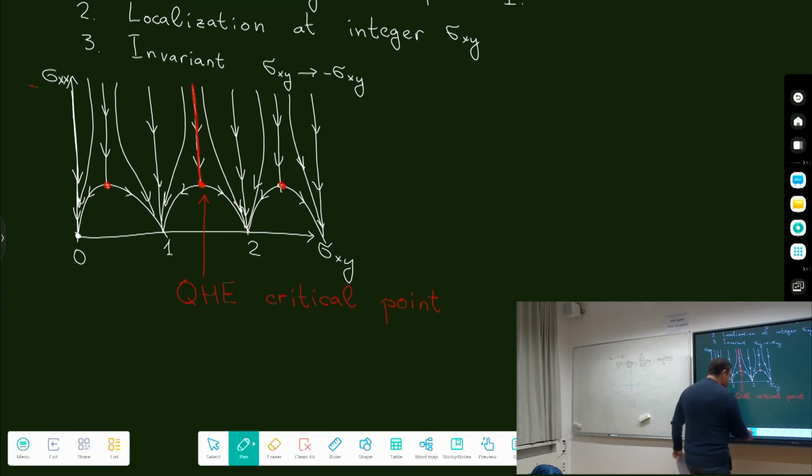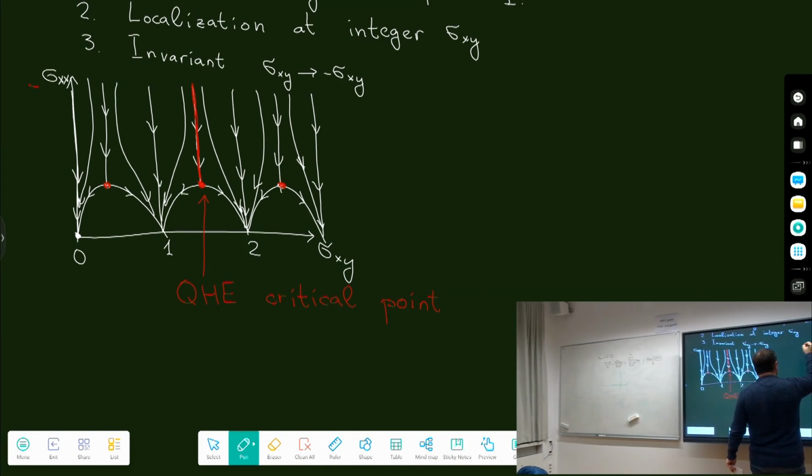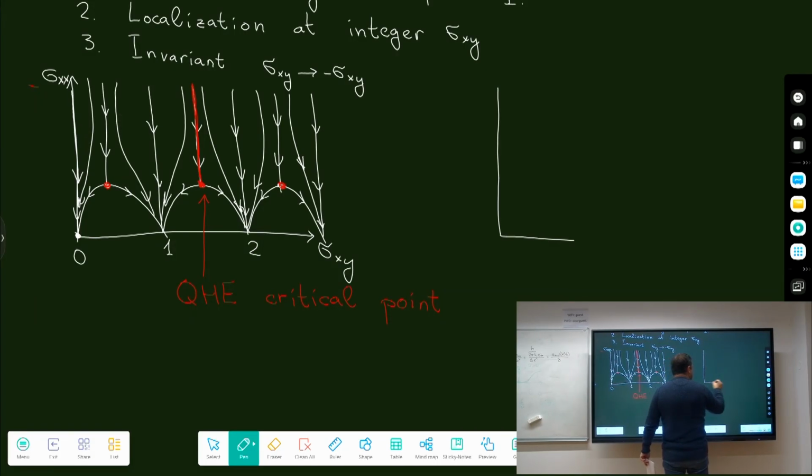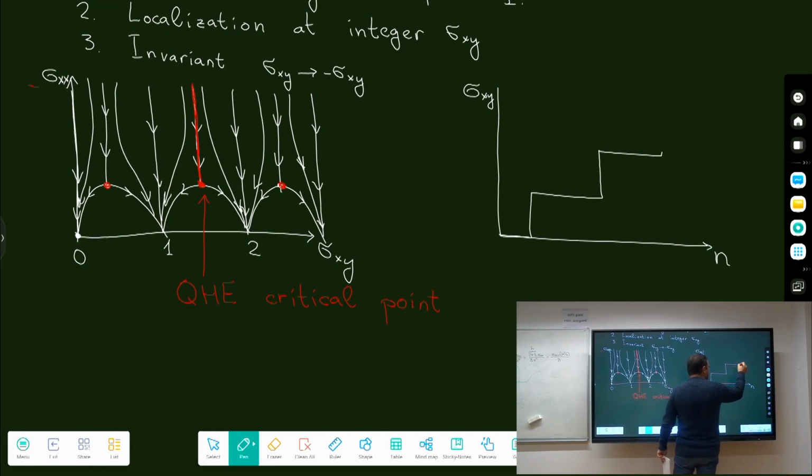I should probably draw this somehow. So it's the picture that we started with. It's concentration and sigma xy. And the picture is like this. It's 0, then 1, then 2, then 3. And each step here, so each horizontal line is an insulator.